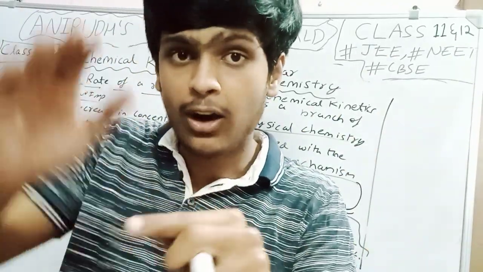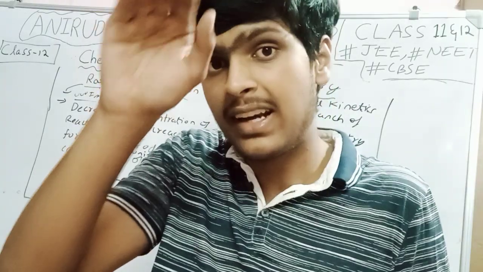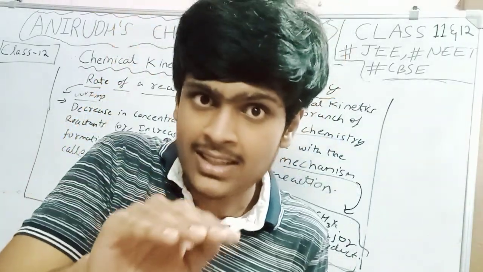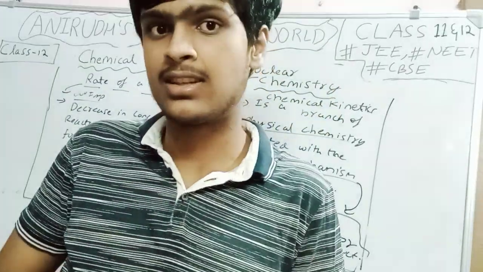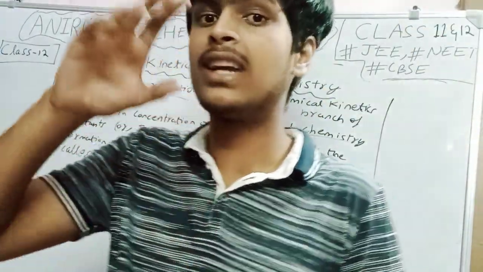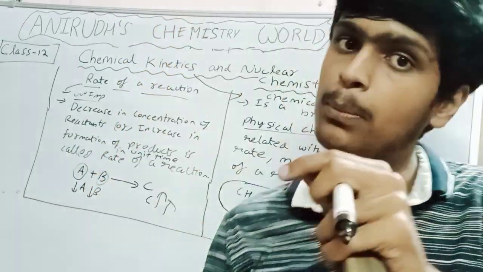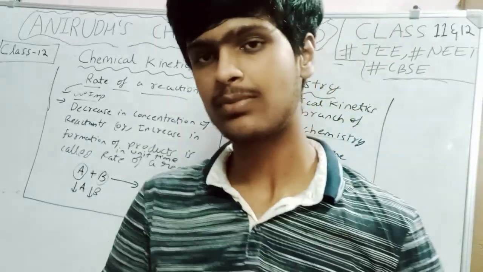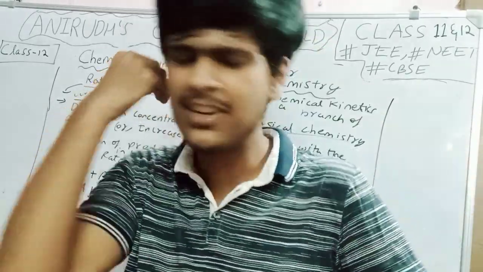After combining, the concentration of the reactants decreases, and gradually the concentration of products increases. Since you are using up the reactants and getting the products, the reactant concentration is decreasing and the product concentration is increasing. If you are not understanding now, I will give another very easy example.